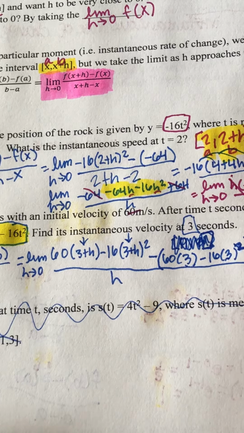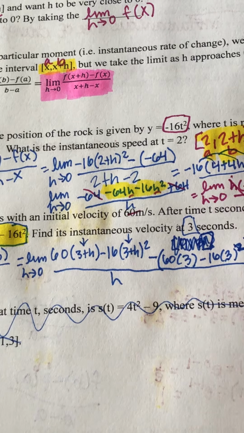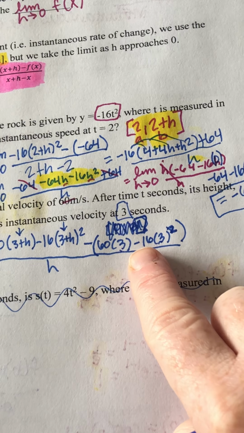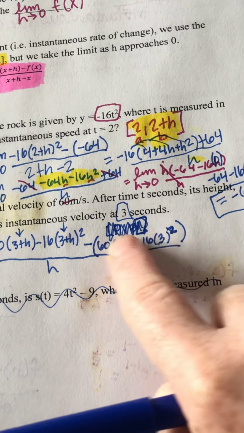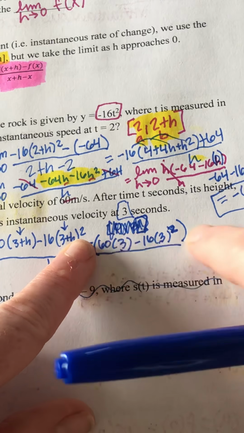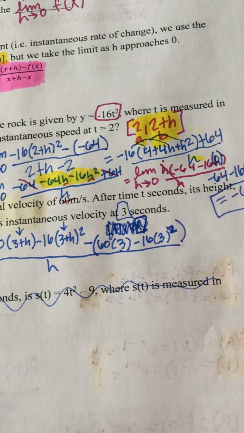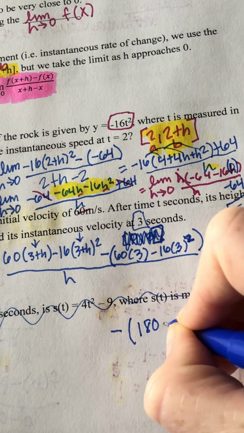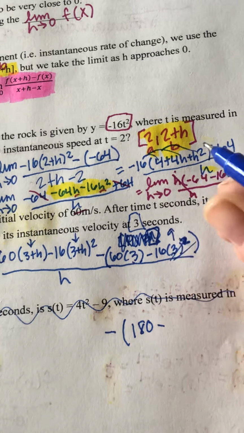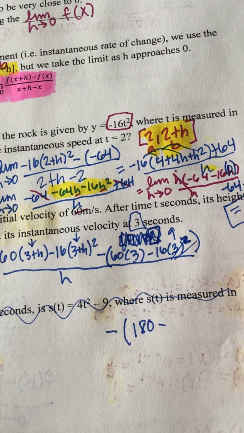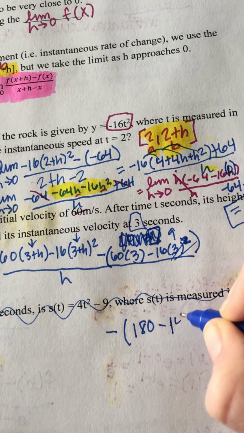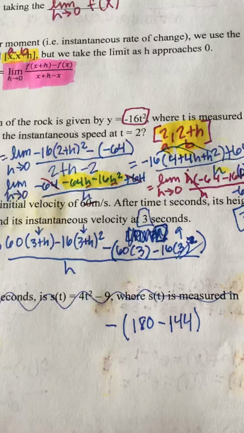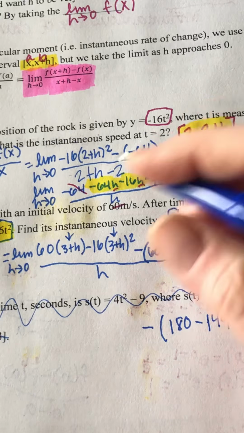So there's a lot to simplify here. Firstly, when you're subtracting the f of 3, make sure you put the minus, and whatever this is, you have to change the sign because it's a minus. So let's simplify that first. This would be minus 180, and then 3 squared is 9, so 16 times 9, 144. Then on the left side, we have 60 times 3 plus h.